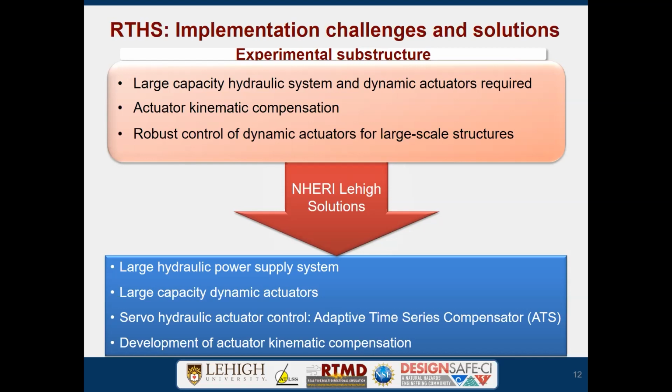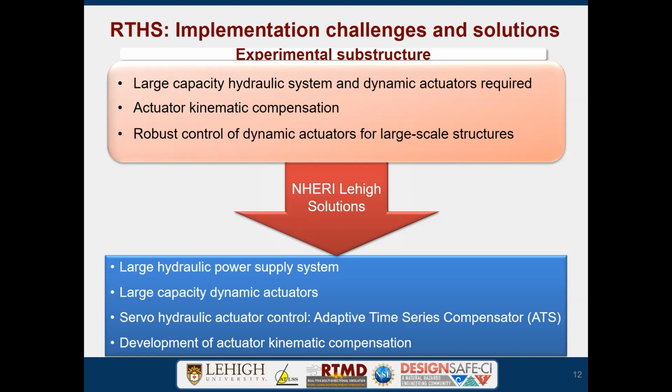But I think the most difficult challenge is the delay, because we're dealing with hydraulic actuators and hydraulic systems. You always have a delay in there. So you need compensators to compensate for this delay, because the delay can add negative damping in the simulations, which can also make your simulation become unstable.